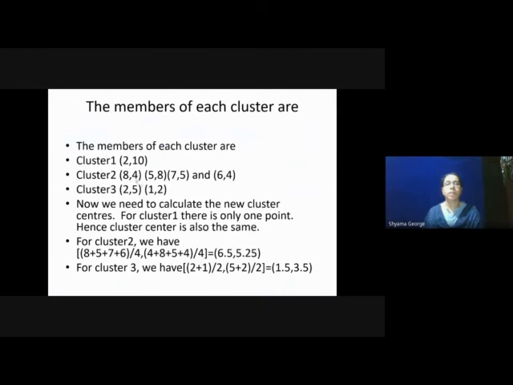Similarly, the average of all y values, 4 plus 8 plus 5 plus 4 divided by 4. So the cluster center is (6.5, 5.25). Now for cluster 3, we have (2, 5) and (1, 2) as the two objects. To find the center, take the average: 2 plus 1 by 2, that is 1.5, and 5 plus 2 by 2, that is 3.5.